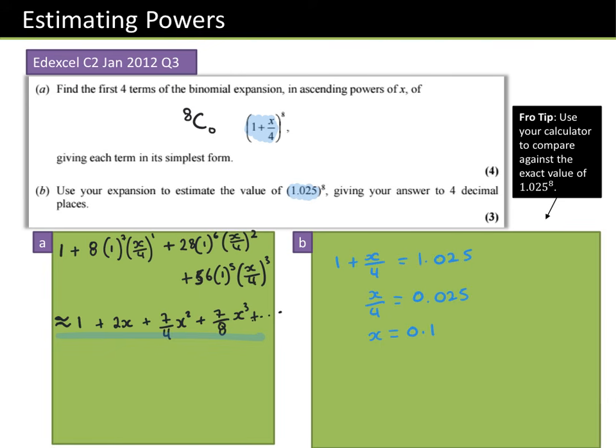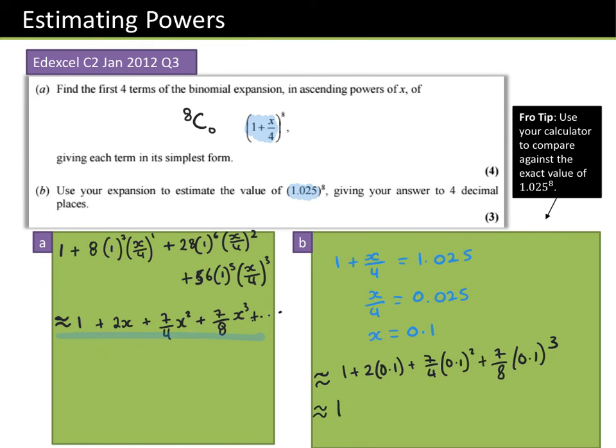Now what I do is I'm going to substitute this value of x into my first 4 terms of the expansion. Because it says in part B, use your expansion to estimate. So this is going to be approximately 1 plus 2 lots of x, which is 0.1, plus 7 over 4 lots of x squared, plus 7 over 8 lots of x cubed.